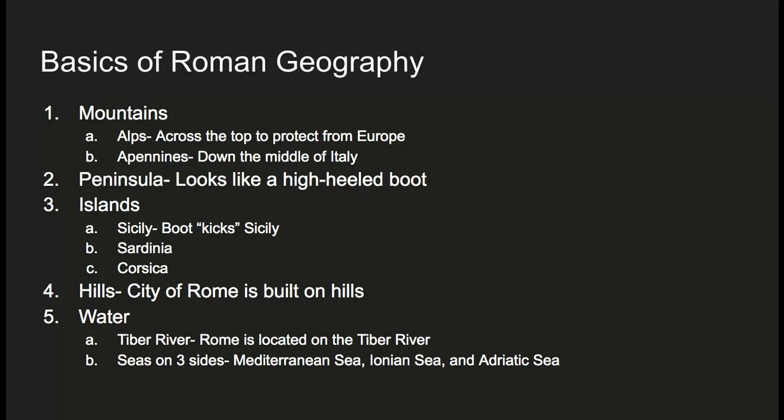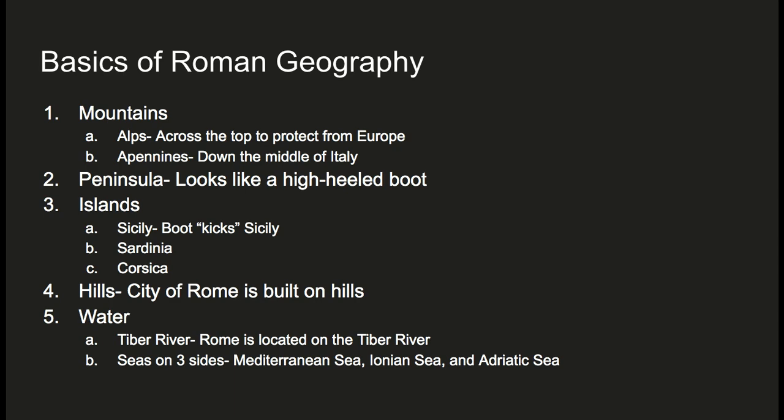Mountains. Like I said, there's a line of mountains that runs across the top of Italy that separates it from Europe. Those are called the Alps. And then you have the Apennines, which run almost down Italy. Italy is a peninsula. It's got water on all sides of it. It looks like a high-heeled boot.